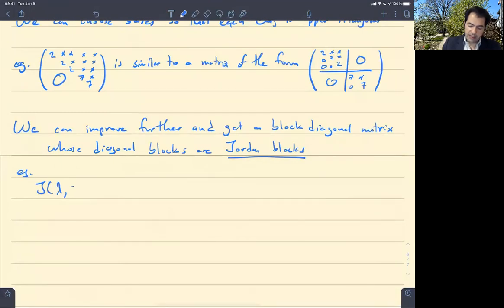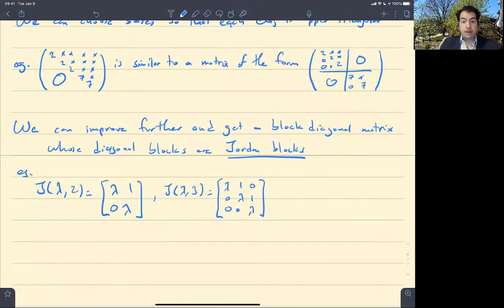First by example, J lambda 2 would be a matrix like this: 2 lambdas on the diagonal and then a 1 above the diagonal. J lambda 3 would be a 3 by 3 matrix with lambdas on the diagonal and then 1s on the diagonal immediately above the principal diagonal. J lambda 4, you would have a 4 by 4 matrix, lambdas on the diagonal, zeros below, 1s immediately above, and then zeros.